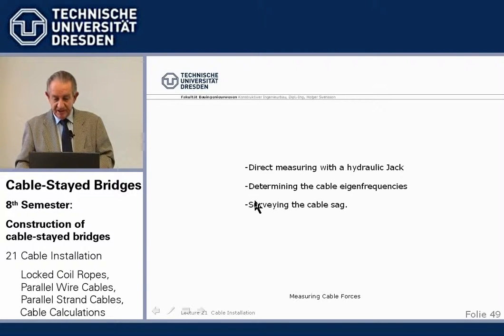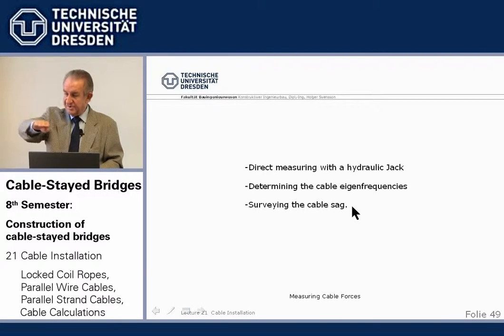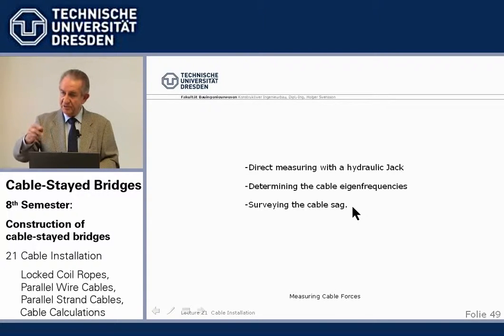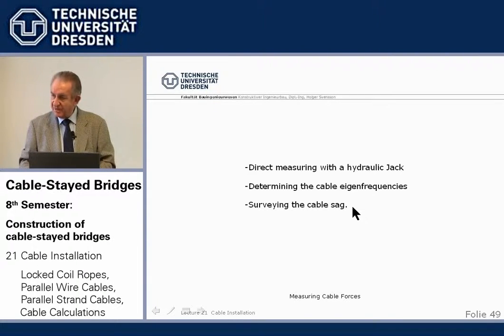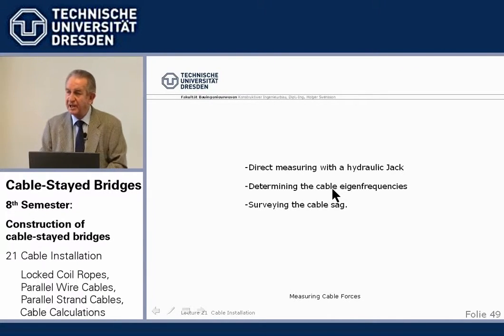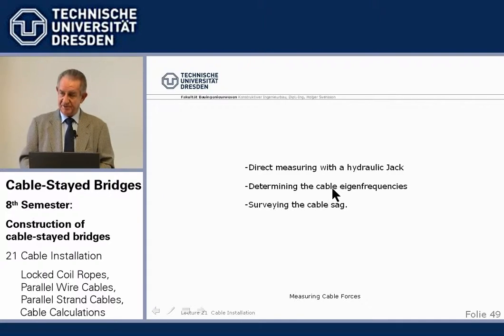Then we can try and survey the cable sag. With a very small calculation, when we know the dead weight of the cable and the length of the cable, we know the force which corresponds to the sag, just by surveying the sag. And the third is determining the cable eigenfrequencies.